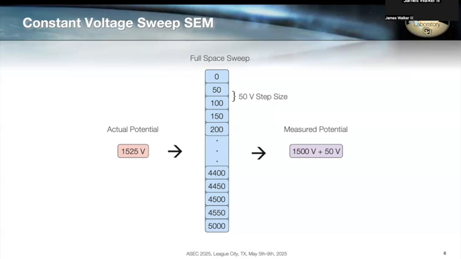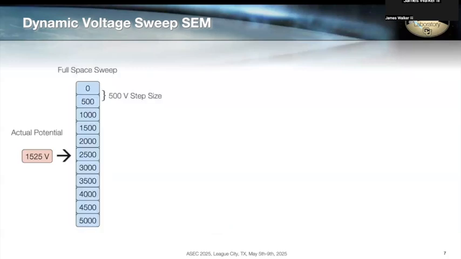The second method that we looked at was a dynamic voltage sweep. So with the constant voltage sweep, you have a large state space, you have a large voltage step, you can end up with very large measurement times. The goal of the dynamic voltage sweep is to have quicker measurement times. So you start with your actual potential, you do a very unrefined sweep across the entire state space, in this case with a step size of 500 volts.